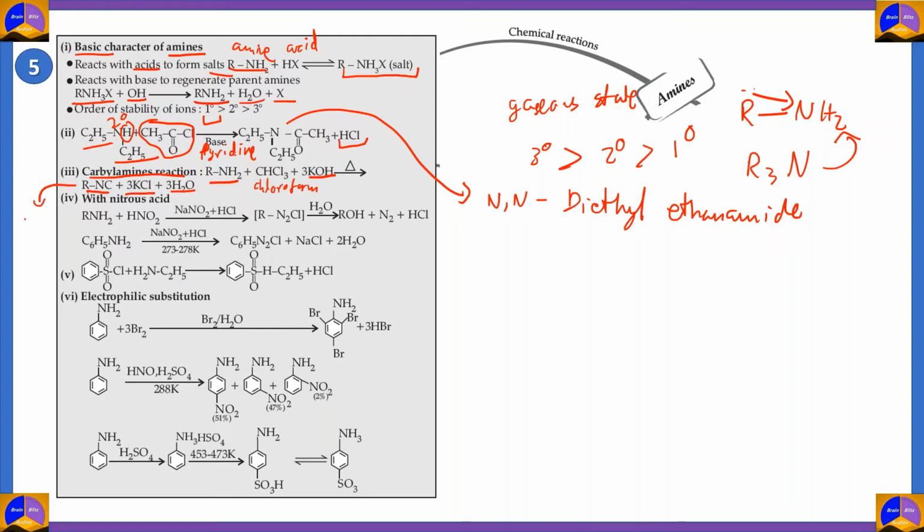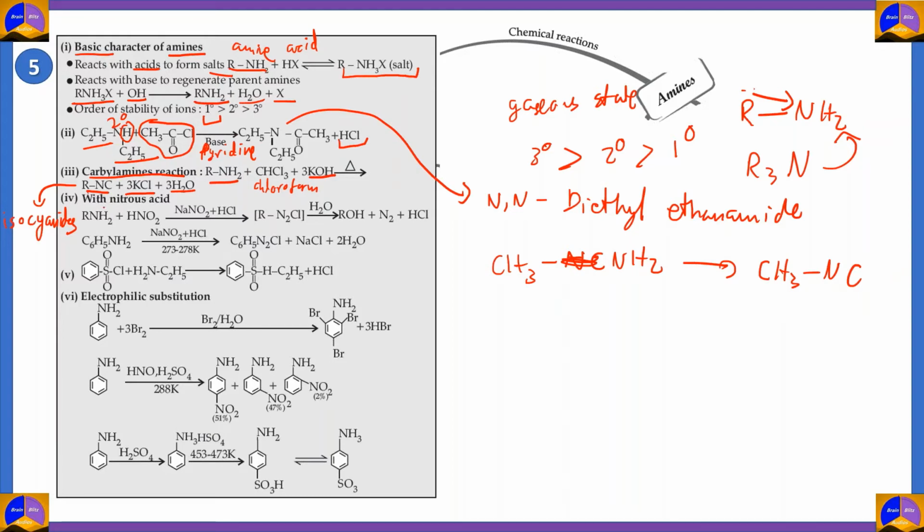The term RNC is used for isocyanides. For instance, if CH3NH2 was participating in this carbylamine reaction, we would get CH3NC. This is methyl isocyanide, which is infamous for the Bhopal gas tragedy.